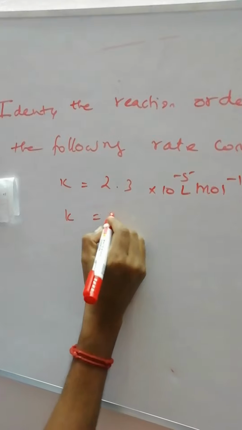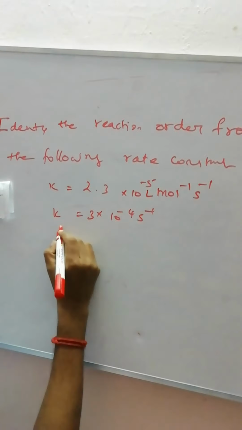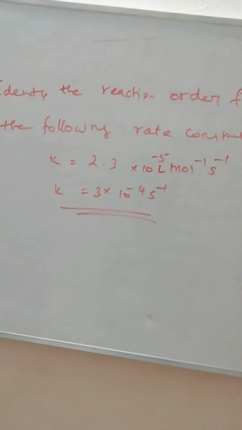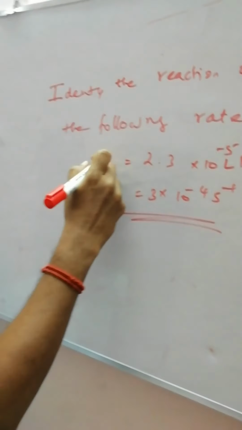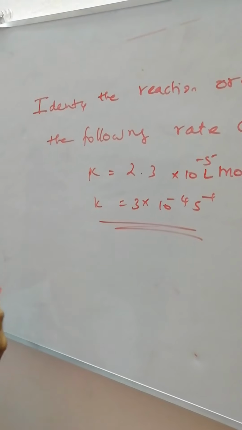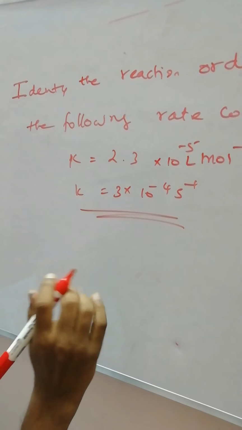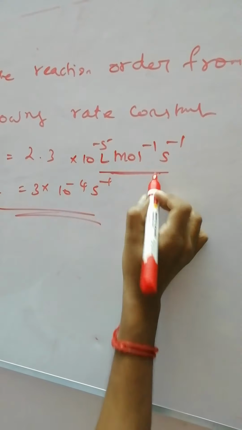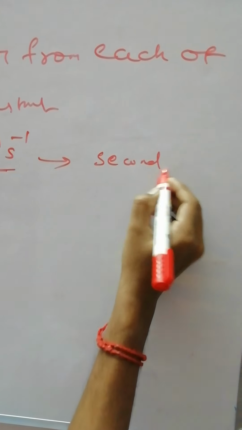K is equal to 3 times 10 to the power minus 4 second inverse. This type of problem may be given, where we cannot solve anything else because no concentrations of A and B are given, just a rate constant. We have to tell the order from the unit. Liter per mole, second inverse means second order, from the table we discussed.